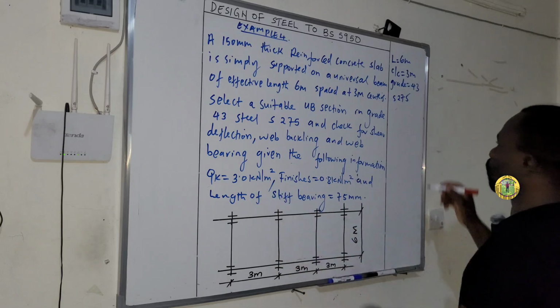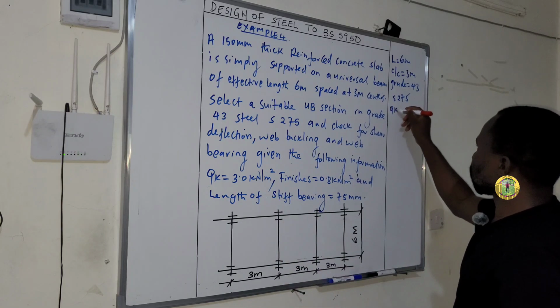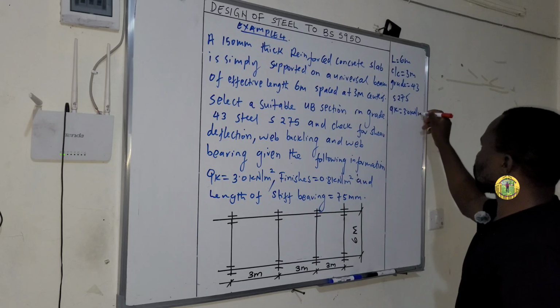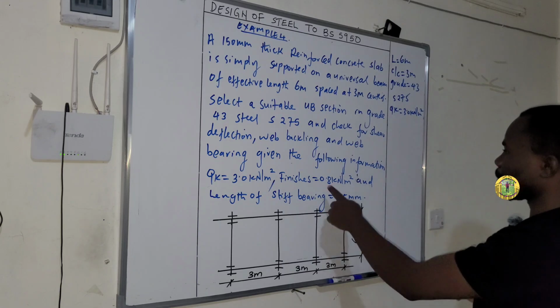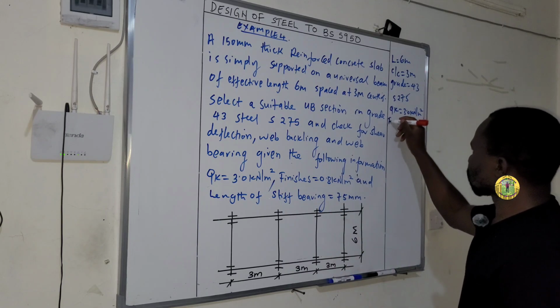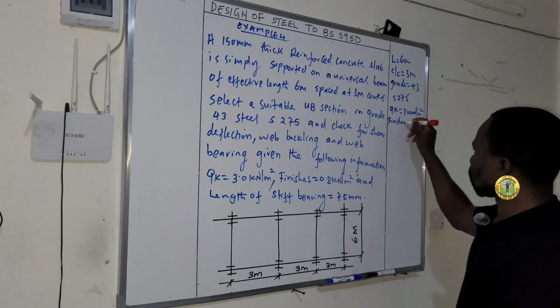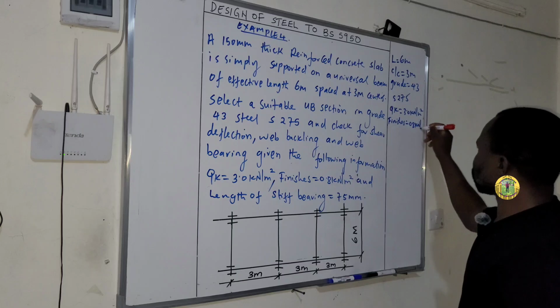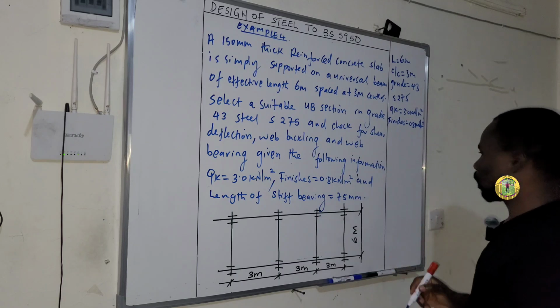The QK is equal to 3.0 kilonewton per meter square, and the finishes is equal to 0.8 kilonewton per meter square.